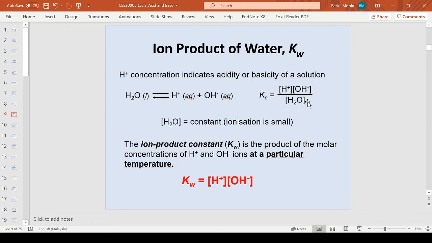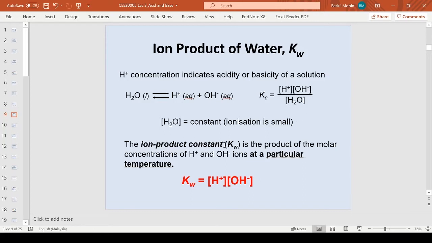So we can just not consider it, leave it there as 1, and this Kc depends on the hydrogen ion and hydroxyl ion molar concentration, and the square bracket indicates the molar concentration of these ions or water.